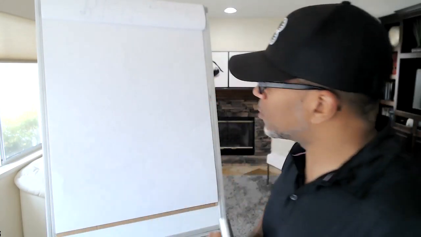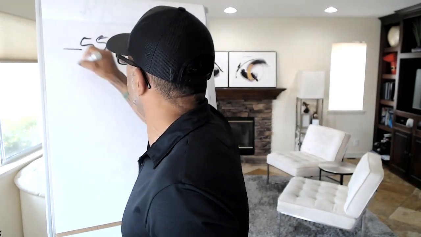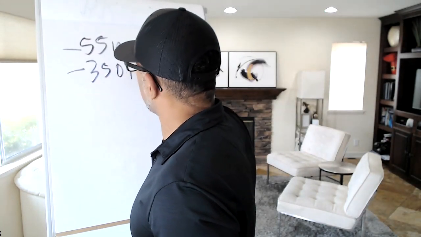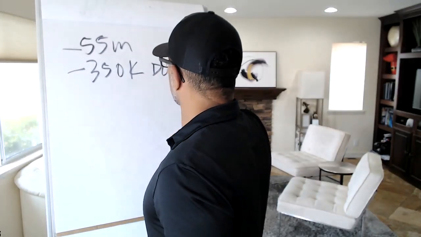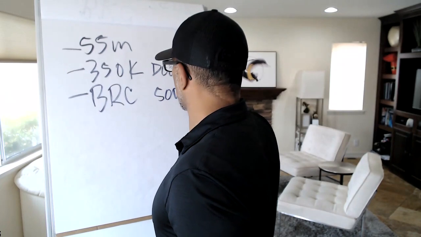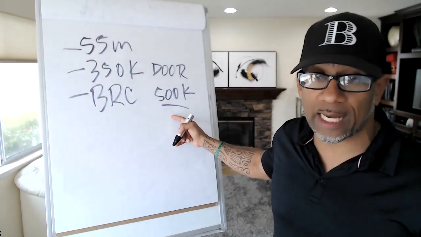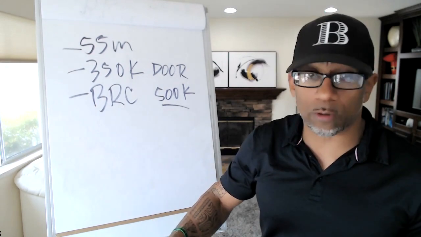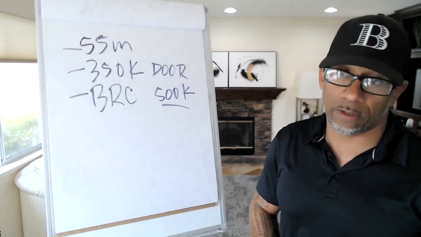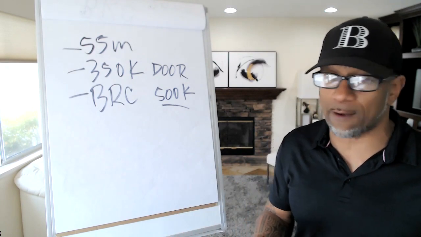So, like I said, that matters because if you were to just do that and say, okay, fine, we're getting this thing somewhere around $55 million, that's about $350K a door, right? The below replacement cost is $500,000 a door. So it would take $500,000 a door to build it, 159 units, plus 2 to 3 years just to get a permit down there. 2 to 3 years, no cash flow, and you can't get the debt right now because the debt market's not friendly.